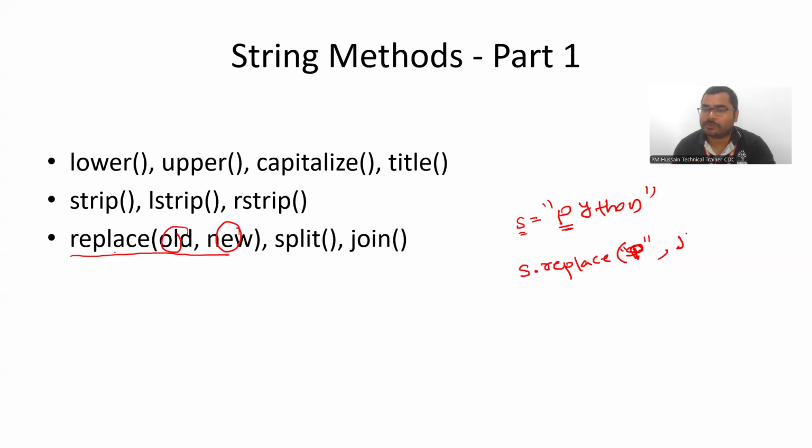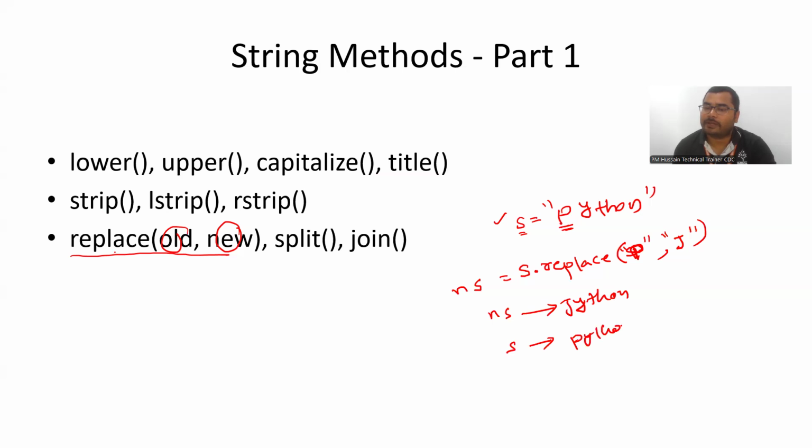I want to change to J. Now s.replace will change P to J. But here one thing you need to remember: the resultant string is not updated in s. It will return a new string, so you have to take it in ns. Then the ns value will be Jython. So now if you try to print s, it will always be Python only.